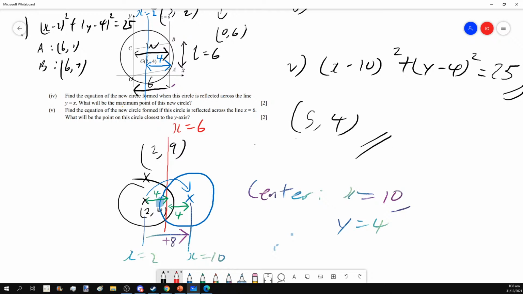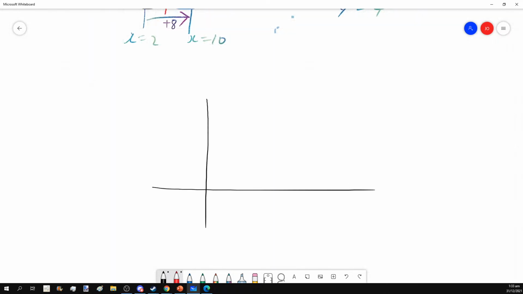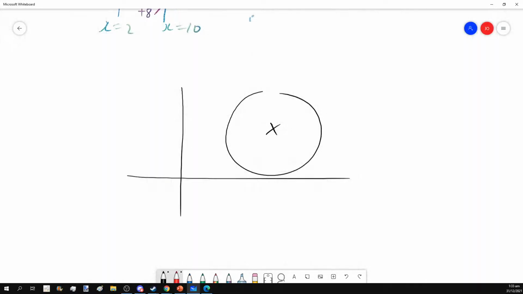And we are done. So you can actually draw this out by yourself. You can imagine I have the circle over here, I have the center, and in this case, the center is 10, 4.